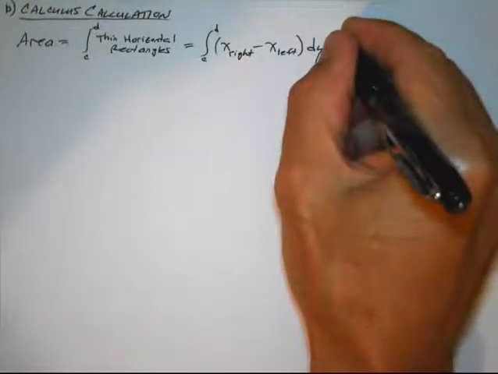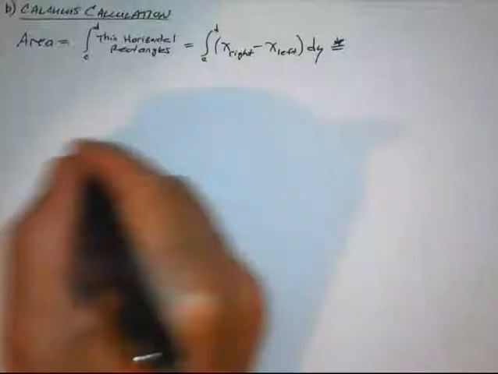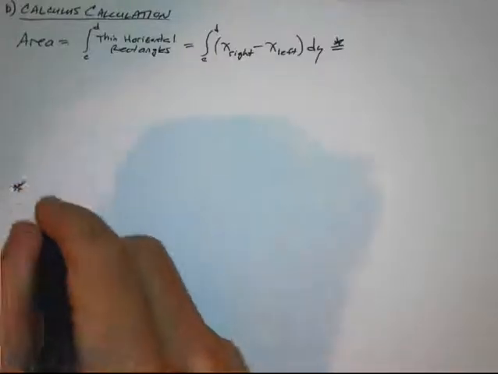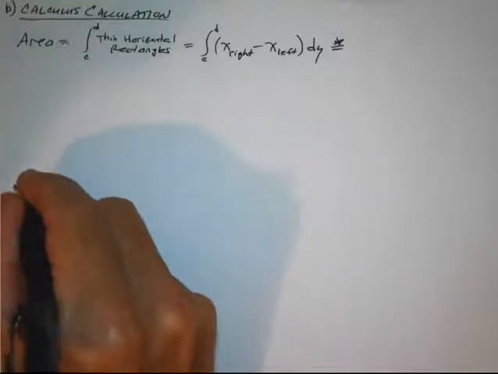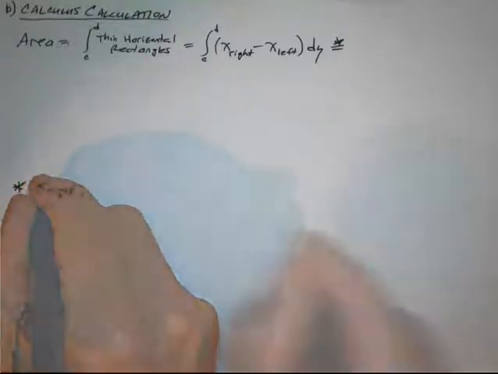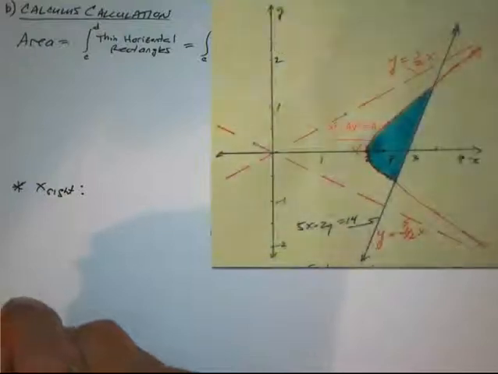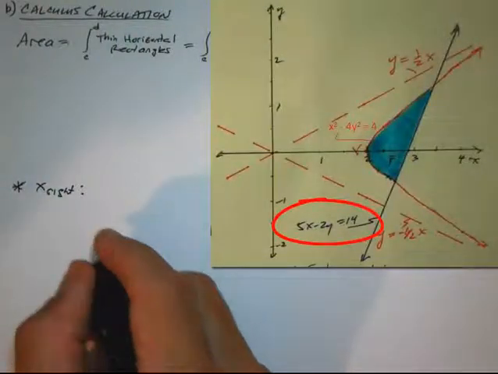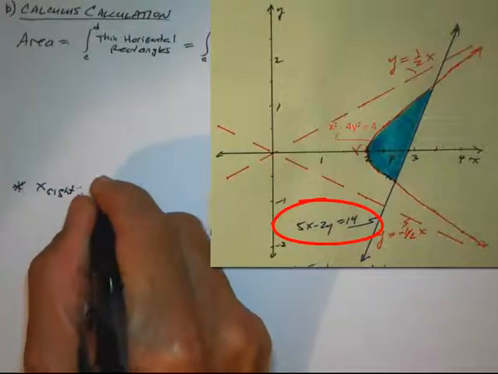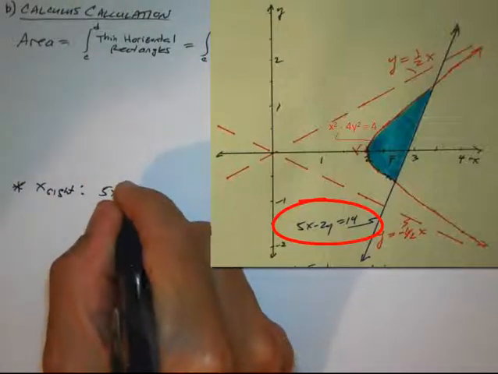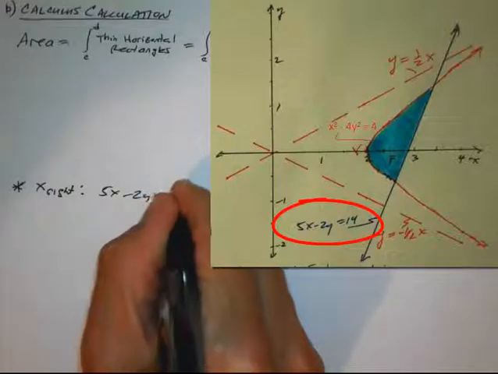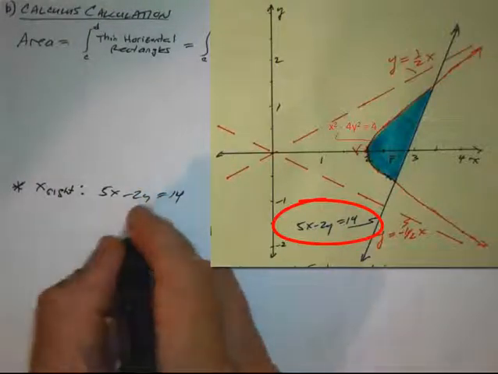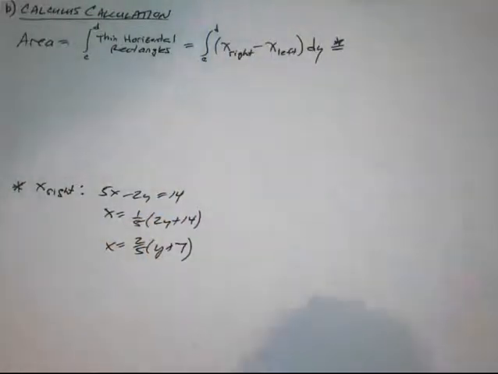As a first subcalculation, let's work on the x right and x left. Looking at the graph, the x right is being determined by that blue line. The blue line's equation is 5x minus 2y equals 14. Solve for x then.